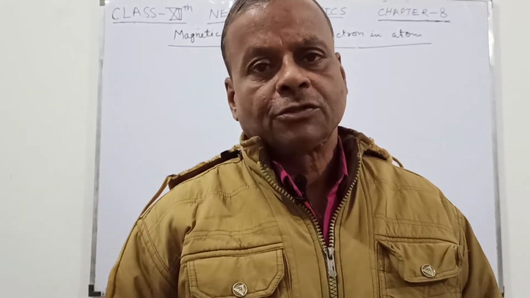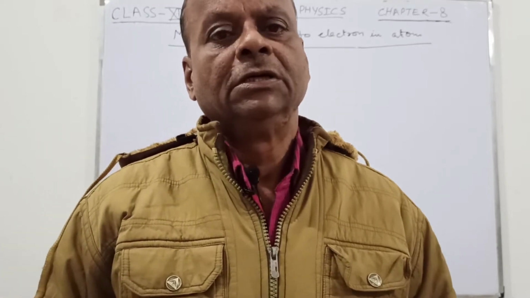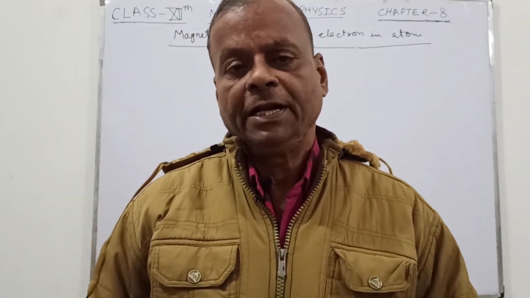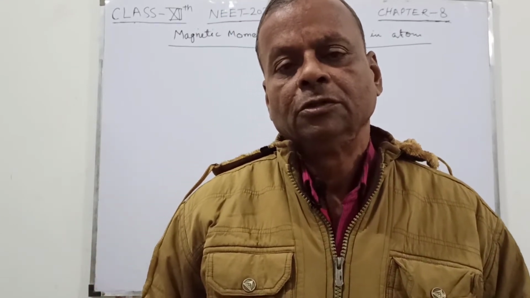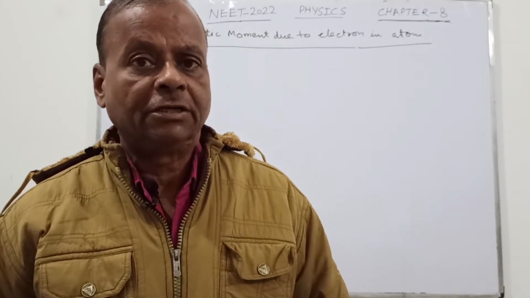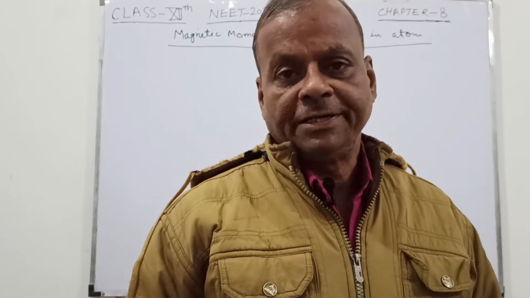Today in class 12th, I am taking a very important topic, that is the magnetic moment due to an electron in the atom. We know that the electron moves in circular orbits around the nucleus in the atom, and this electron produces a current.